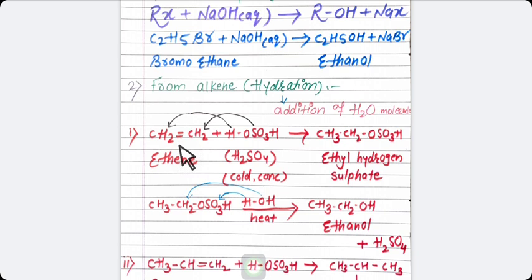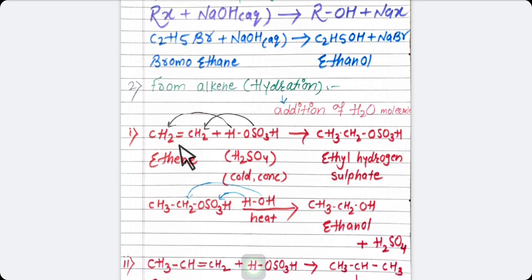As all of you know, alkenes are of two types: symmetrical alkene and unsymmetrical alkene. When the alkyl groups on both sides of the double bond are the same, it is known as symmetrical alkene.